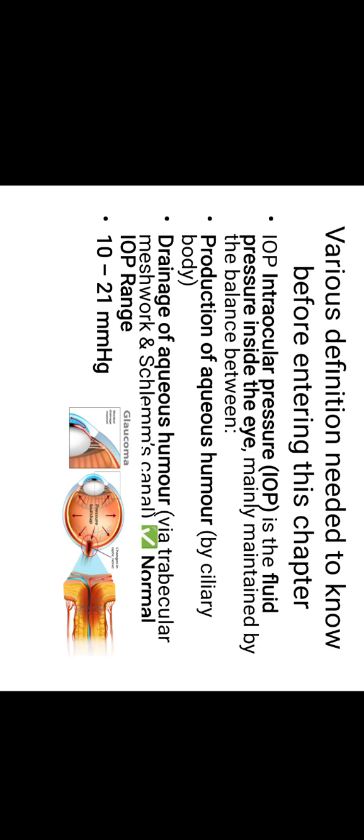It's a fluid pressure inside the eye, mainly maintained by the balance between production of aqueous humor and drainage of aqueous humor, and the normal range is between 10 to 21 mmHg. What is glaucoma? It's a group of eye disorders characterized by progressive optic nerve damage, often associated with increased intraocular pressure. It leads to irreversible vision loss.